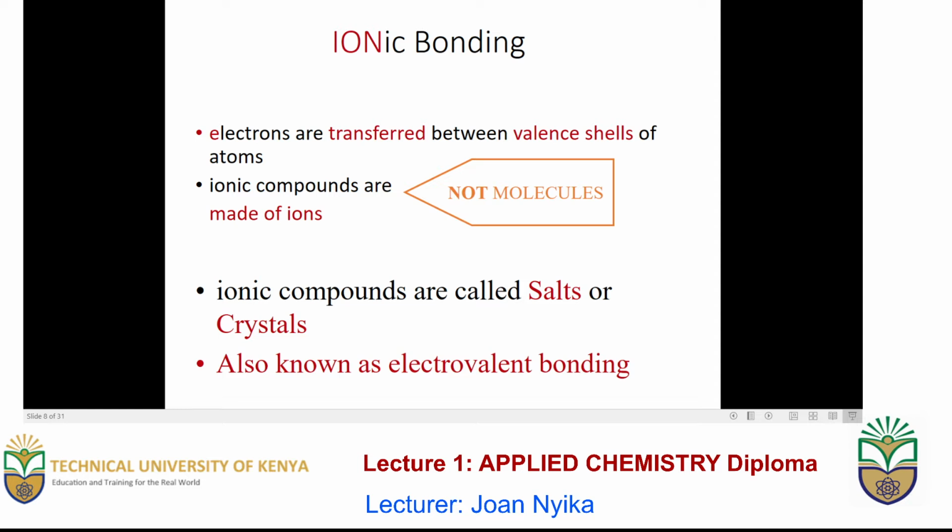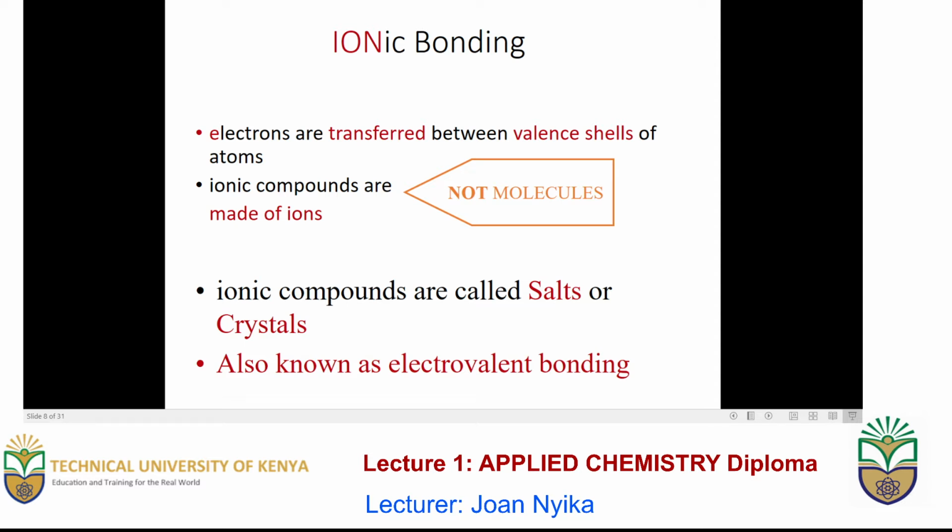So let us look at the first kind of bonding, which we are calling ionic bonding. Usually, ionic bonding is a result of the transfer of electrons in the outermost shell of an element, what we are calling the valence shell electrons, to another atom.